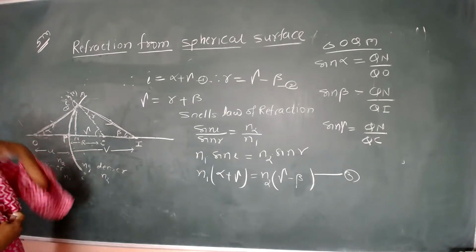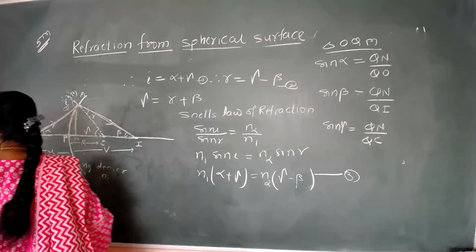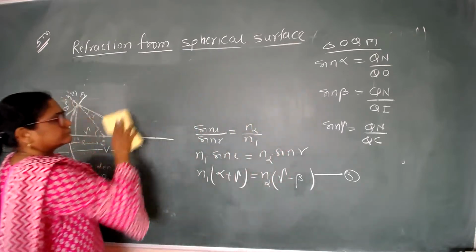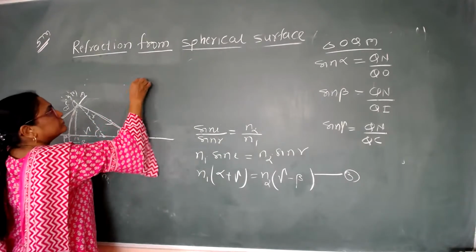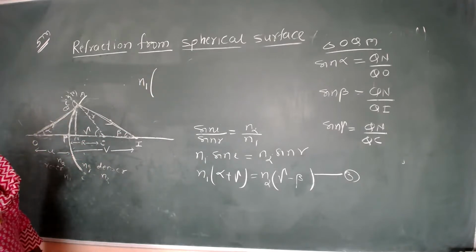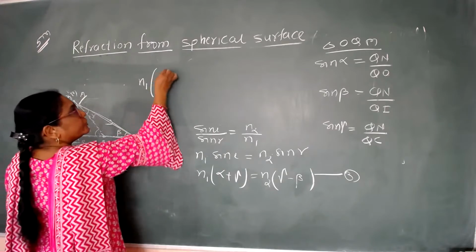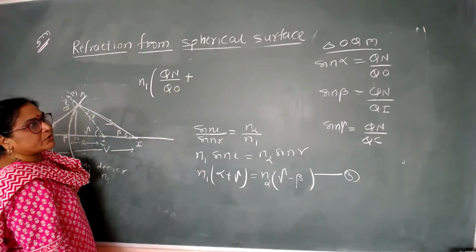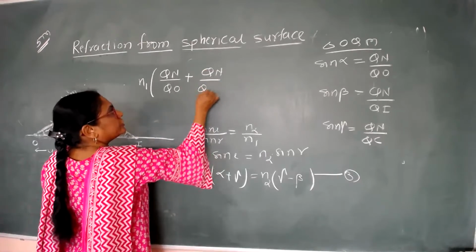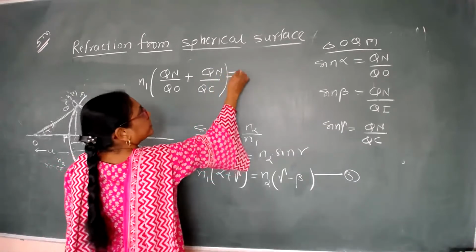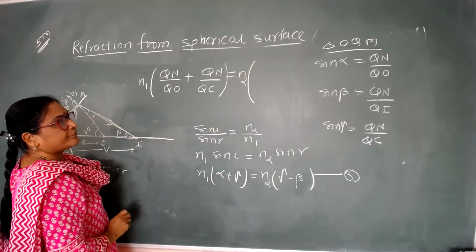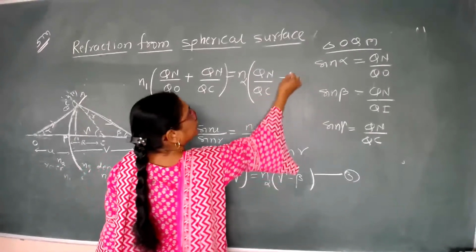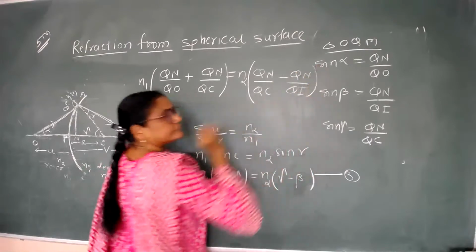So N1 times alpha, that is nearly equal to sin alpha, which is QN divided by QO, plus gamma, which is QN divided by QC, is equal to N2 times gamma minus beta, QN divided by QC minus beta, QN divided by QI. Correct?